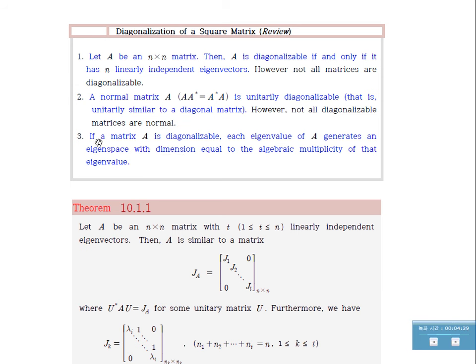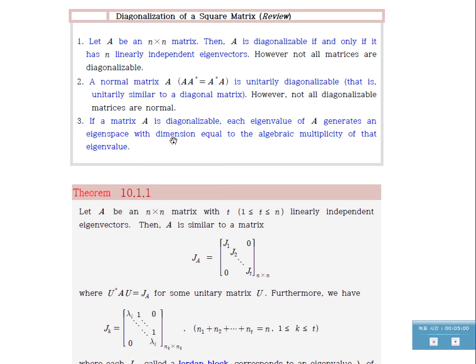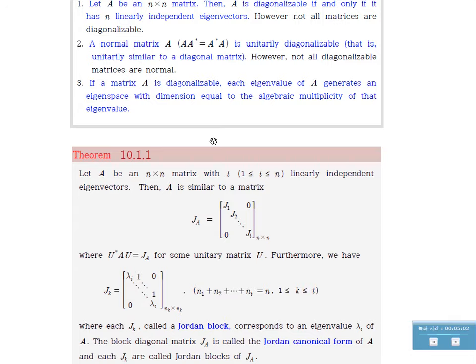If a matrix is diagonalizable, then each eigenvalue of A generates an eigenspace with a dimension equal to the algebraic multiplicity of that eigenvalue. So algebraic multiplicity and geometric multiplicity are the same for all eigenvalues if a matrix A is diagonalizable. Okay, this is what you already know.